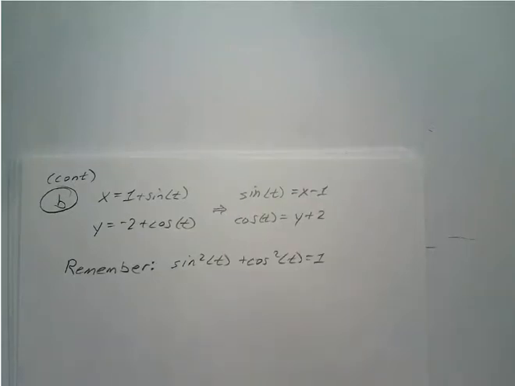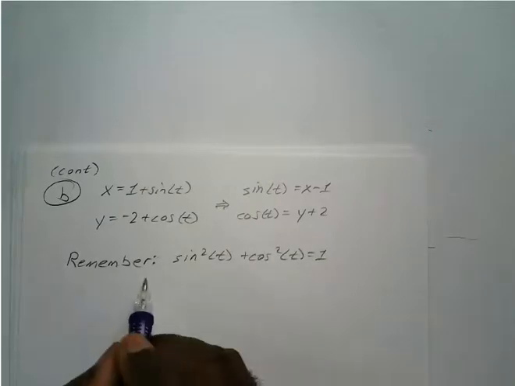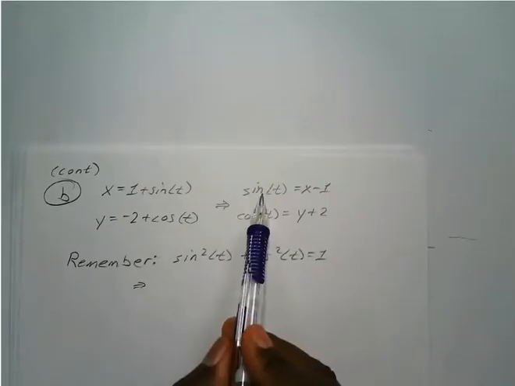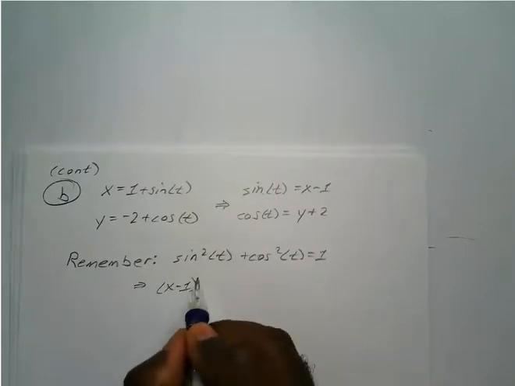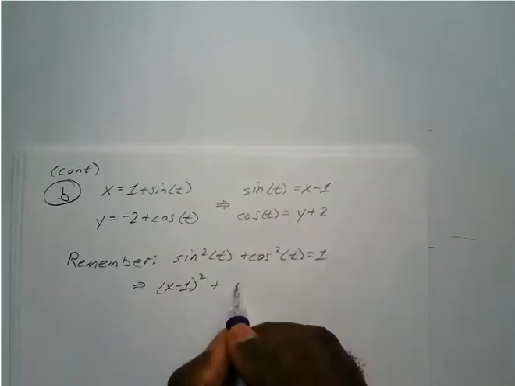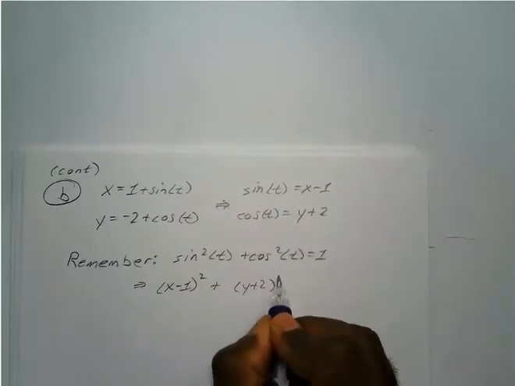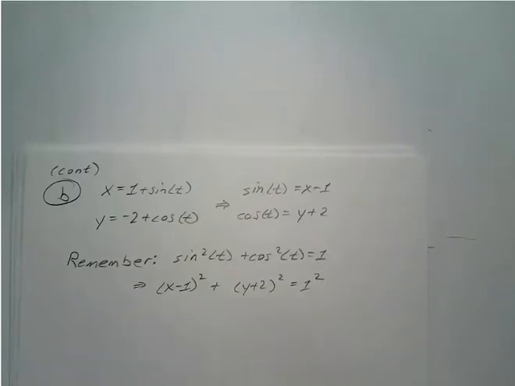Actually, I think that's trig, not pre-calc. So that means sine squared is just (x minus 1) squared. So you have (x minus 1) squared plus cosine squared is just (y plus 2) squared equals 1, which we'll put as 1 squared.